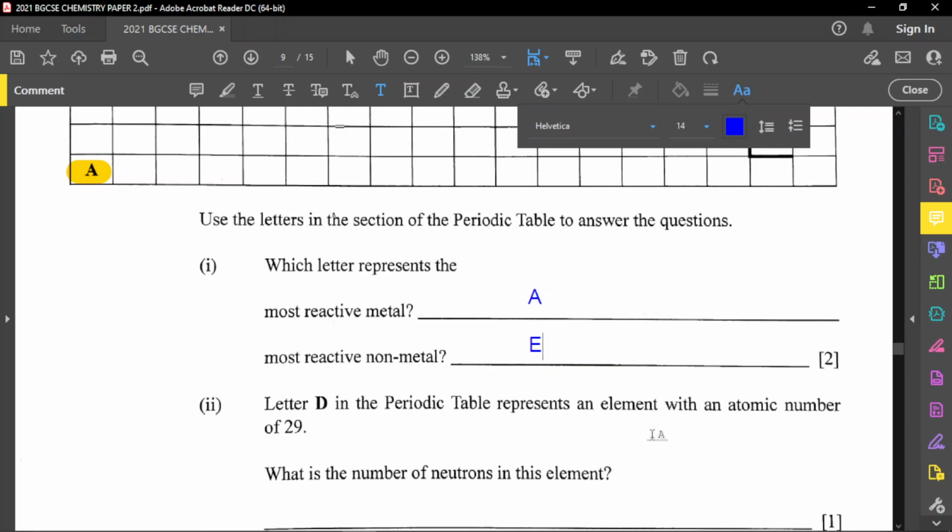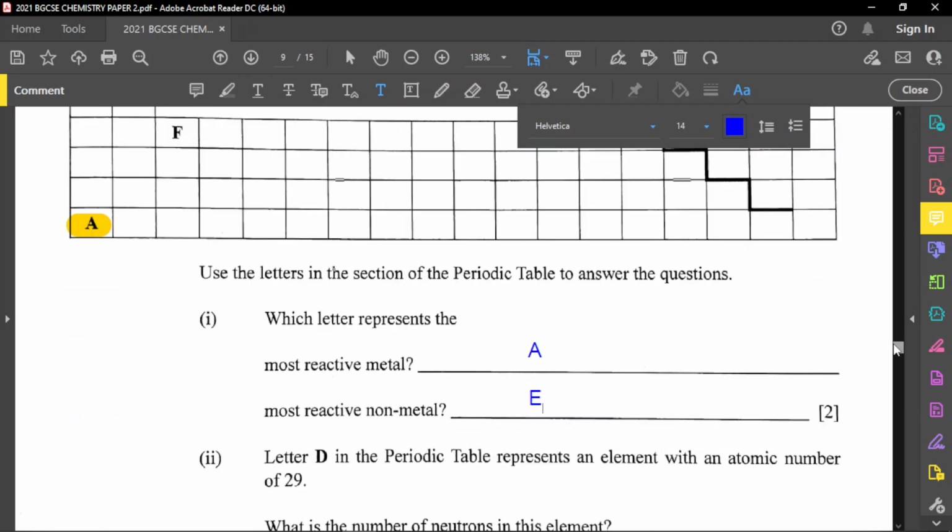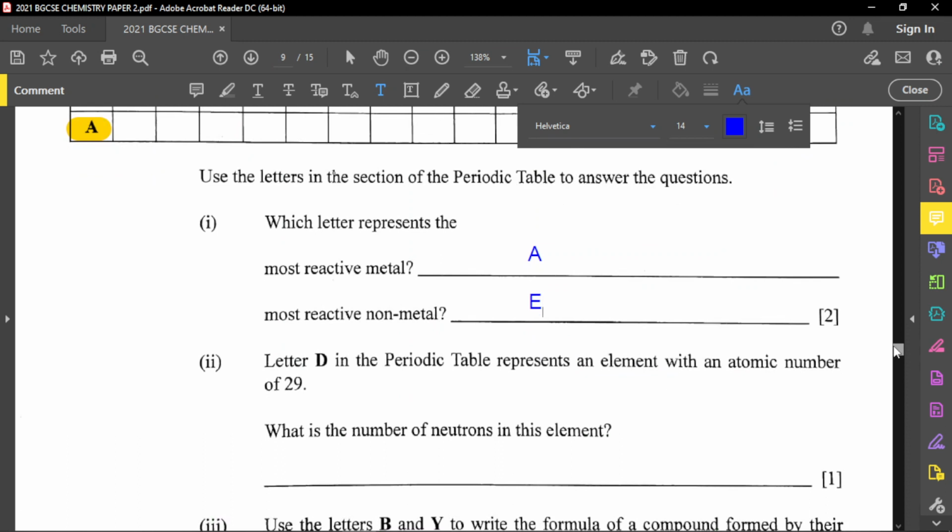All right, so for part 2, the letter D in the periodic table represents an element with an atomic number of 29, right? Now it asks what is the number of neutrons? If it has an atomic number of 29, we know the mass number here is going to be 64, which is copper. So 64 minus 29 gives us 35.